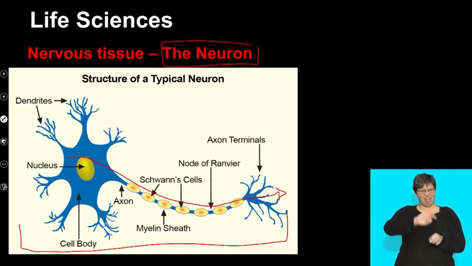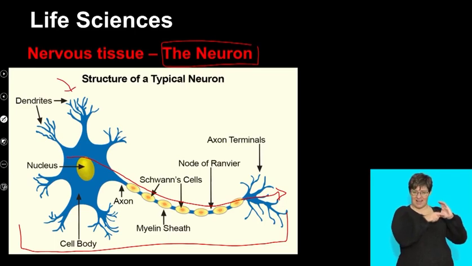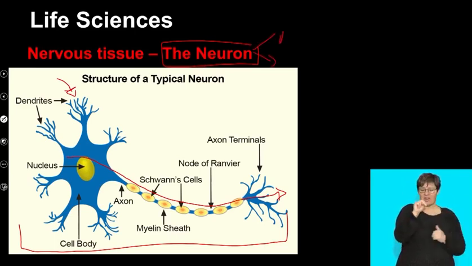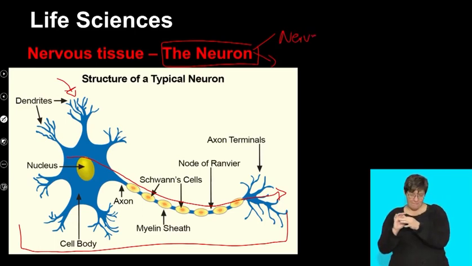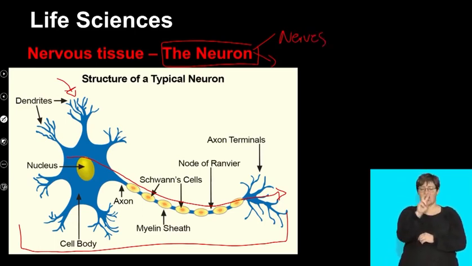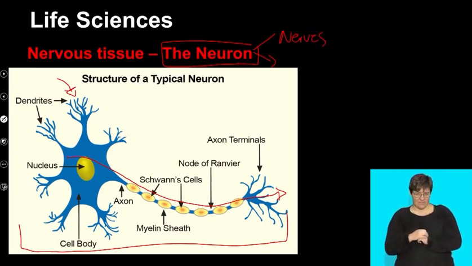And here we're going to find a normal cell body, right? So the information, this is called a neuron. A neuron is a single structure, and we put a whole lot of neurons together, and that is where we get the concept of a nerve. And basically, every single thing in our body, when we spoke about the muscle, I said to you, muscle does its work.